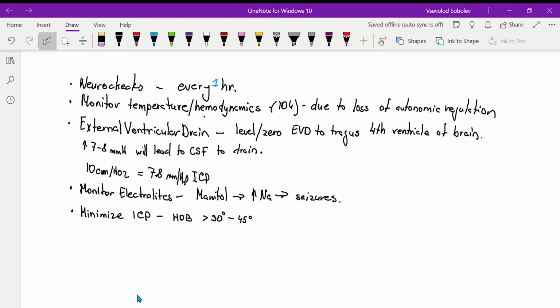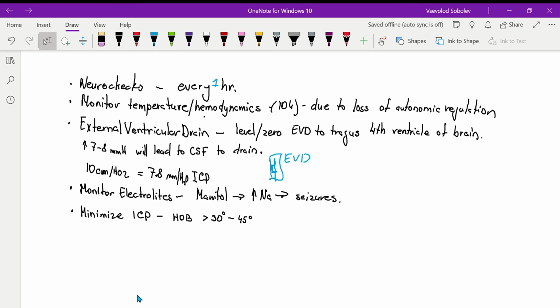External ventricular drain level is 0 at the tragus, at the level of the fourth ventricle of the brain. 7 to 8 millimeters mercury will lead to cerebrospinal fluid draining, and 7 to 8 millimeters mercury is about 10 centimeters of water on the device. You would set it right here somewhere.